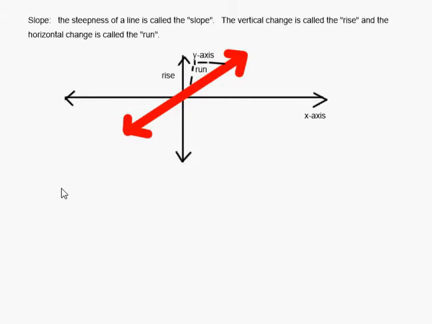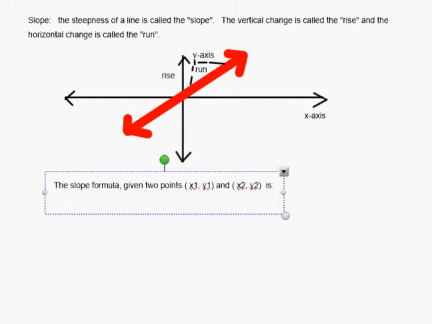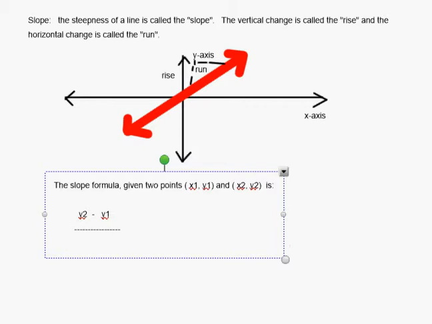The slope formula given 2 points, x1, y1, and x2, y2, is y2 minus y1 over x2 minus x1.